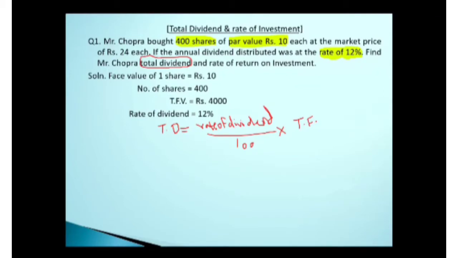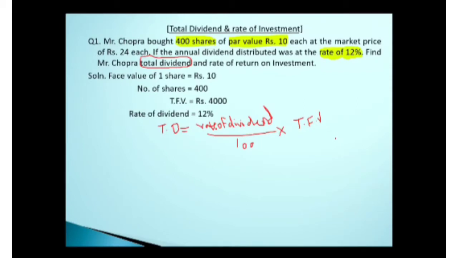Take down this formula first and then we will substitute the values and do the calculation. So in this, what is your rate of dividend? 12. That is going to be 12 upon 100, multiplied by T.F.V. What is T.F.V.? 4,000. So you have to substitute that over there.